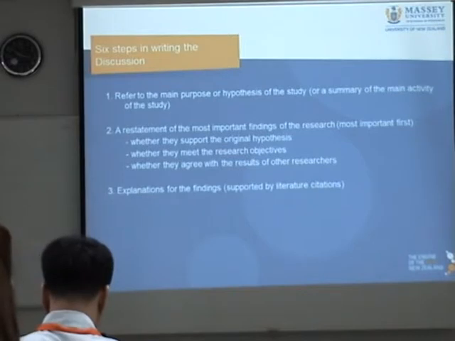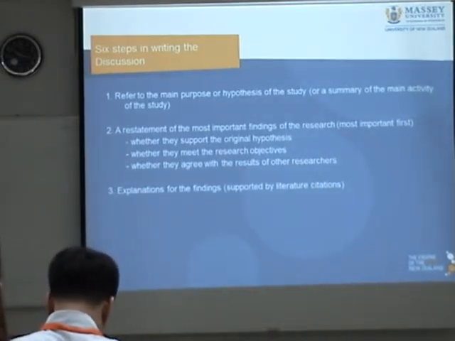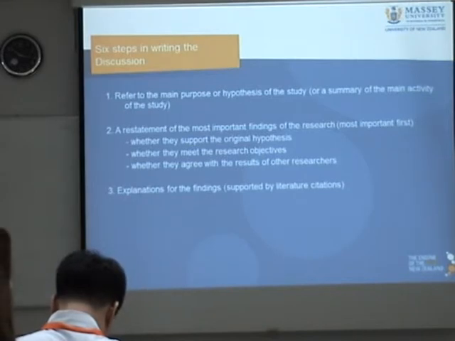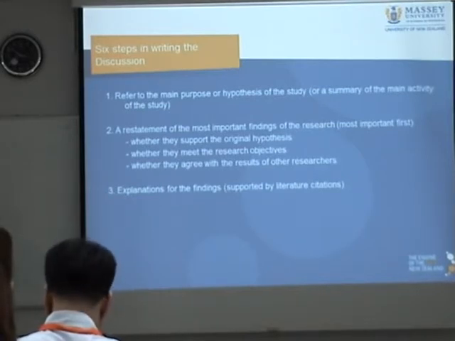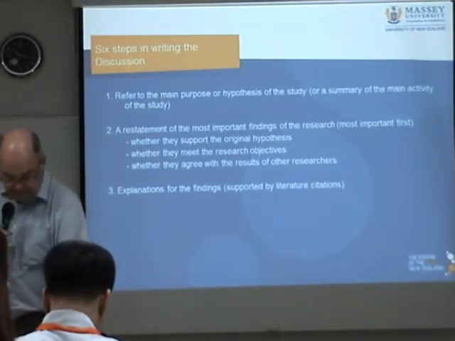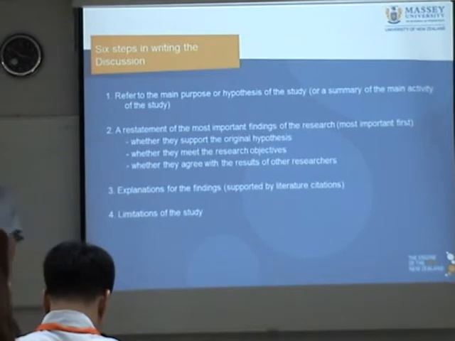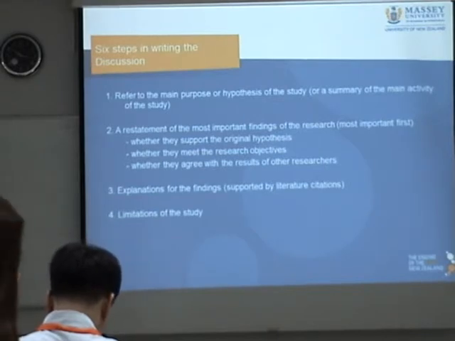Thirdly, an explanation as to why you think you got that result, supported by other people that have come to the same conclusions or made the same explanations. Then you have to be honest and talk about what your study didn't achieve.